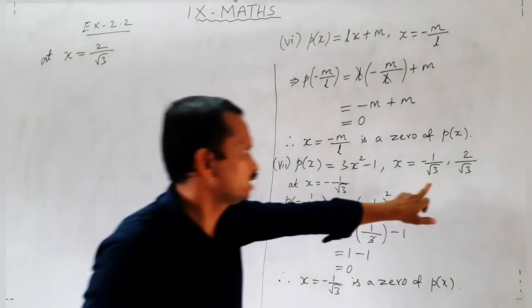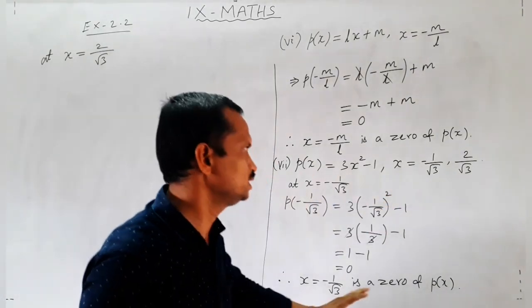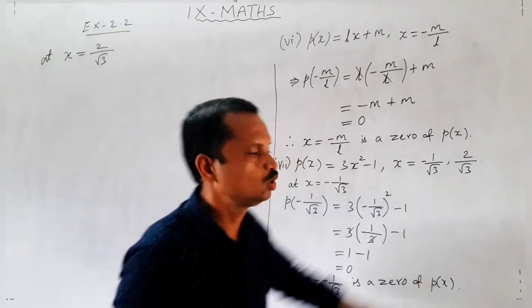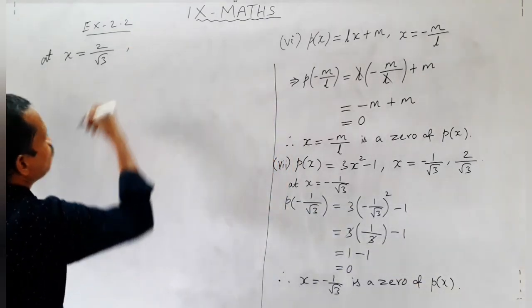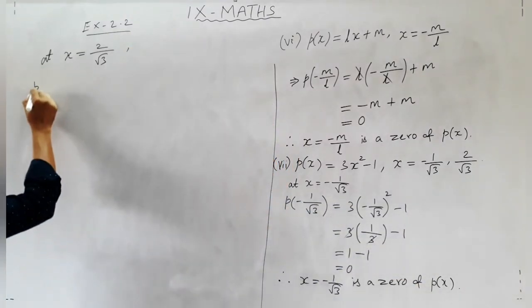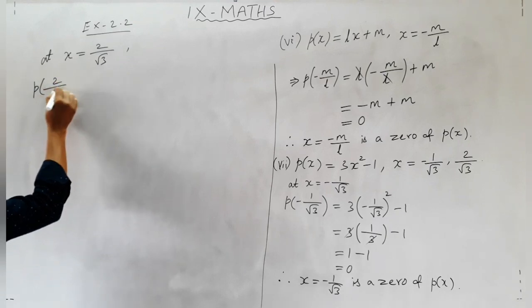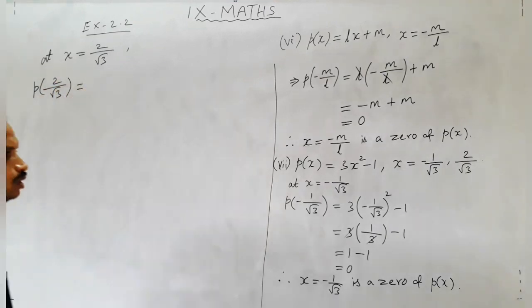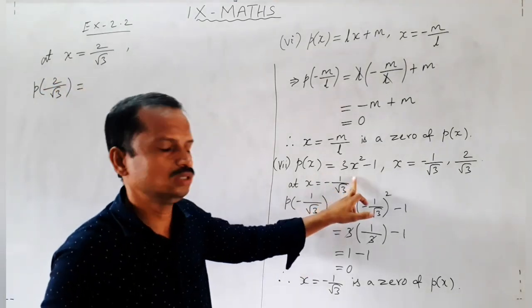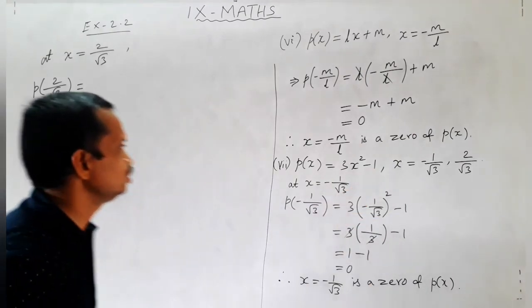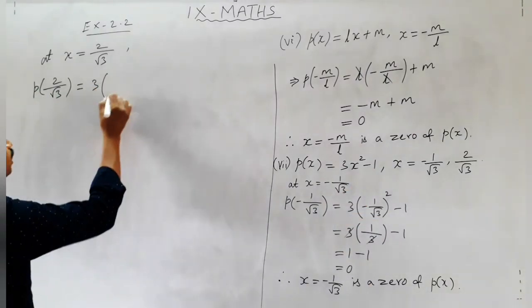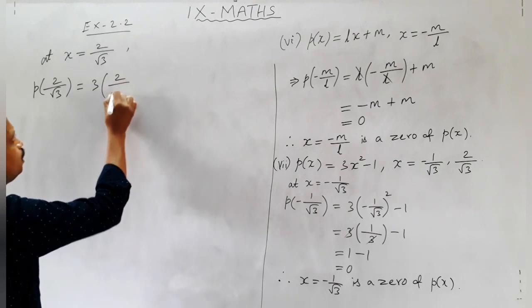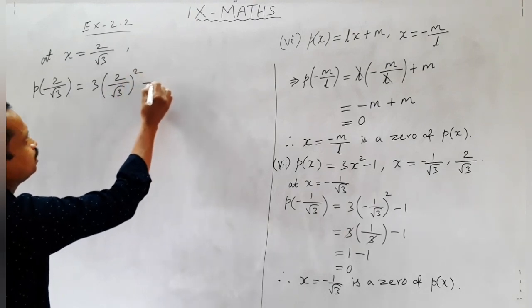The next value, minus 1 by root 3, we have found, and now coming to the next one, 2 by root 3, what happens? P of 2 by root 3 is equal to, the polynomial is p of x equal to 3x square minus 1. So 3 into, for x square, we take 2 by root 3 whole square, and then minus 1 is there.